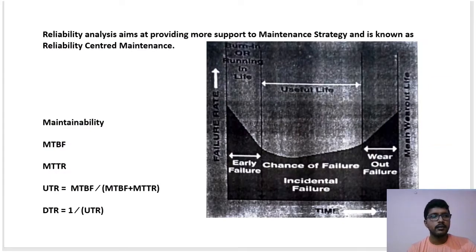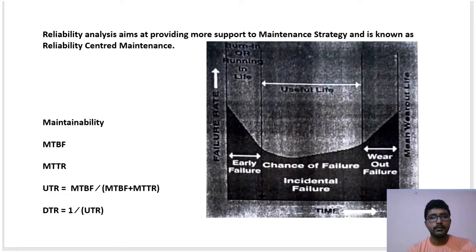Now, another maintenance strategy is reliability centered maintenance. We know that equipment has a certain non-zero failure rate, and it is well explained by the bathtub curve. This is a famous curve called the bathtub curve, and this needs to be always as low as possible. If it is low, it is always good.